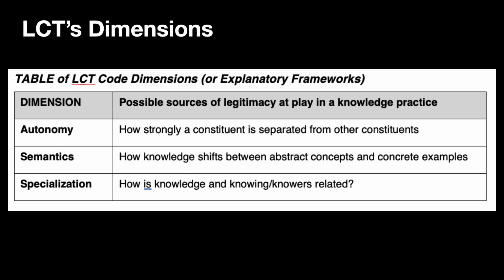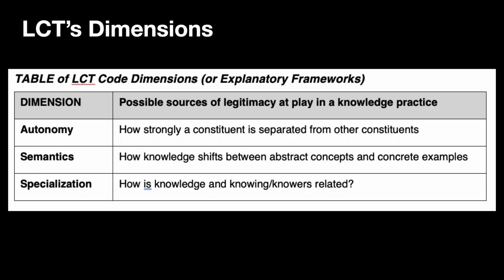By at play, we mean that LCT recognises the relational complexity that goes on in a practice, both within a dimension and between dimensions. Now, I know all this sounds a bit abstract at the moment, but after we've got through some of these formal features, we'll unpack it through a concrete research example.